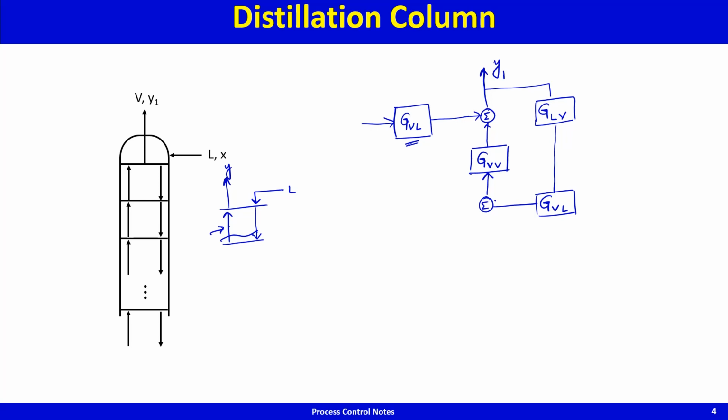And you can carry on like this. So this is y1, this is y2, vapor leaving the second tray. Change in vapor leaving the second tray will cause a secondary effect on the vapor leaving the previous tray through a transfer function GLV.